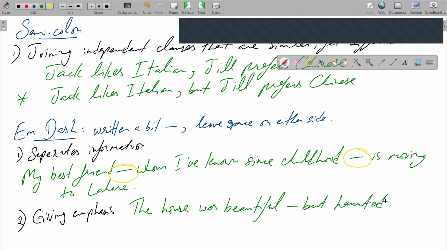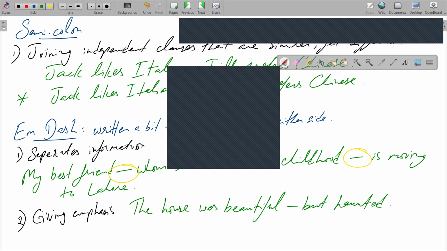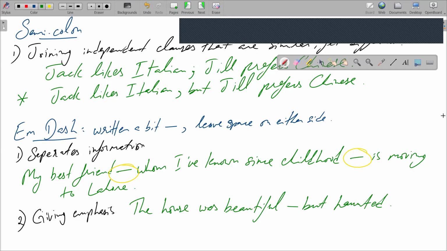And so over here, right, you'd say, well, there's a but and you put a comma. And if you put a comma over here, then you lose the emphasis, right? So that's what will end up happening. You won't have the emphasis if you replace the dash with a comma. And if you replace the dash with a colon, it just won't work. Okay? It just won't work.